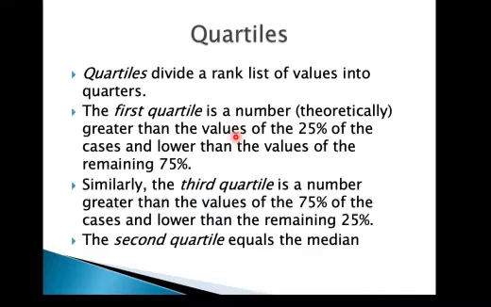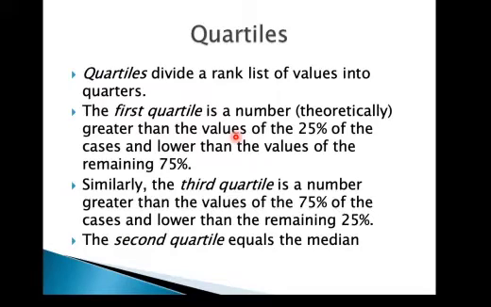Now, we'll go to another measure called the quartiles. Quartiles divide a ranked list of values into quarters. We told you that the median divides a ranked list of values in halves, quartiles into quarters, deciles into tenths, and percentiles into hundreds.